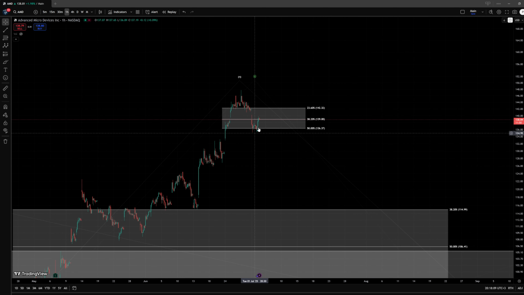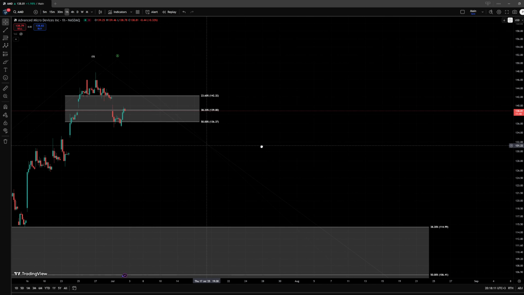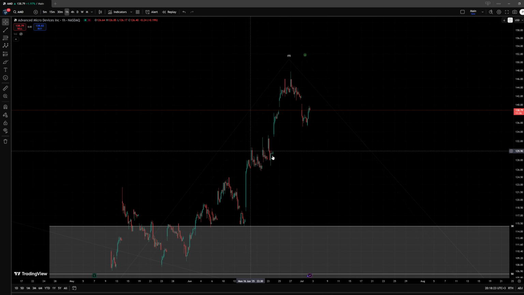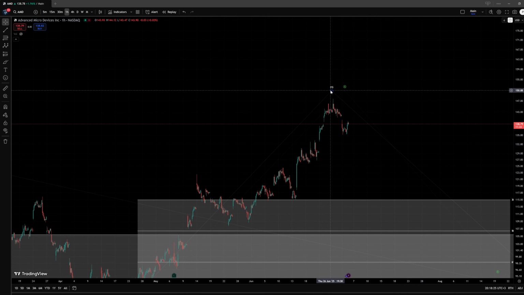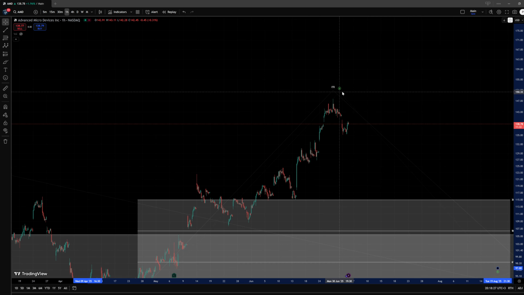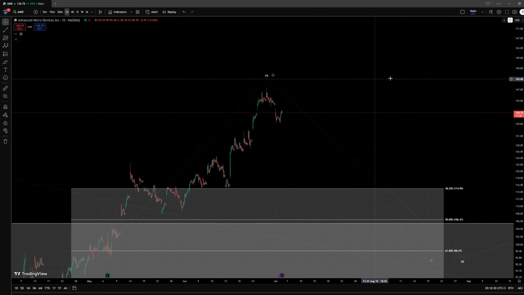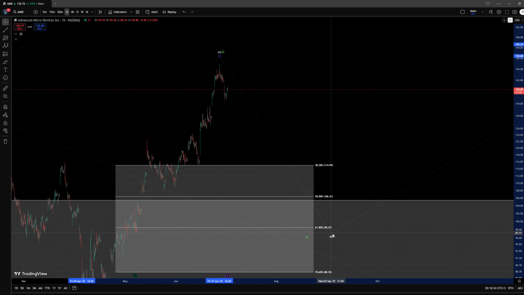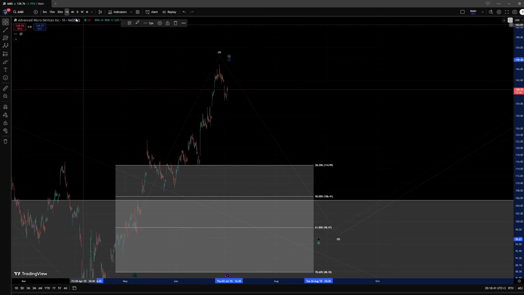But if we break again below this low here at around $135, I would say this direct count gets invalidated. But we shouldn't fear that necessarily, because we would then have the opportunity to follow the price into the support zone and have an opportunity for an even better trade.